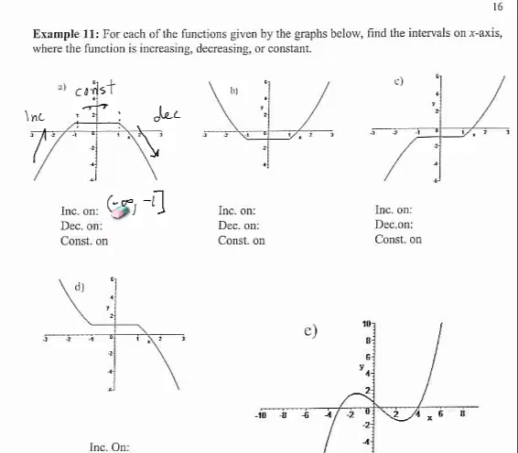Okay, that was my constant. So I want to put that on the last line. Bracket -1 to +1. And then finally, this last interval, I'll pick it back up where the constant interval left off, +1, which is right here. And we go downhill, we decrease all the way out to +infinity.